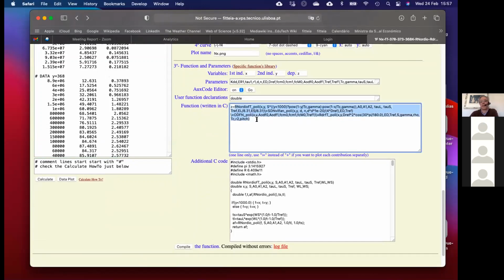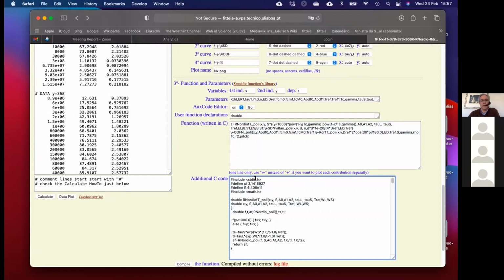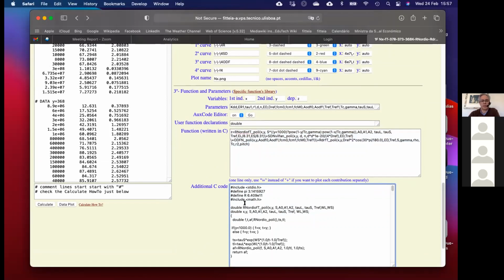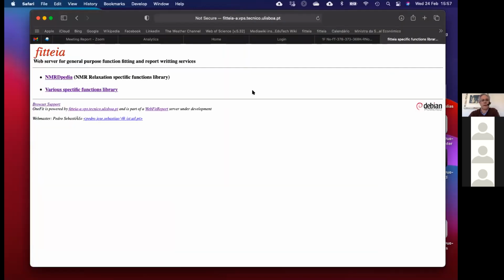The contributions themselves require either that the user writes their own code, here is an auxiliary C code, but this code is most of the time not required because there is a specific functions library. This library already contains some of the models that are more commonly used by people.